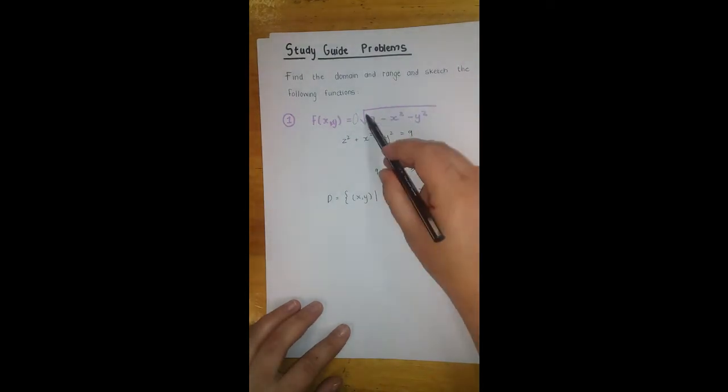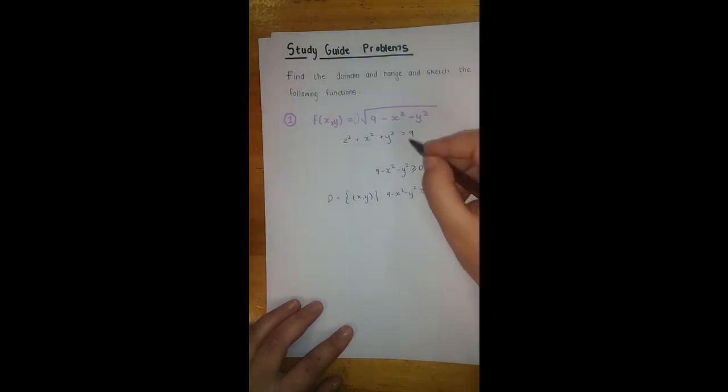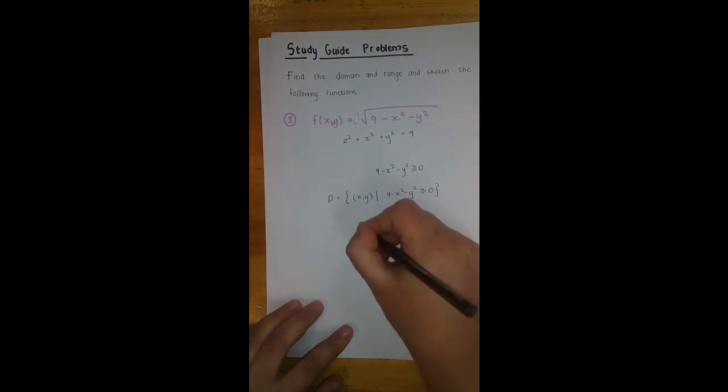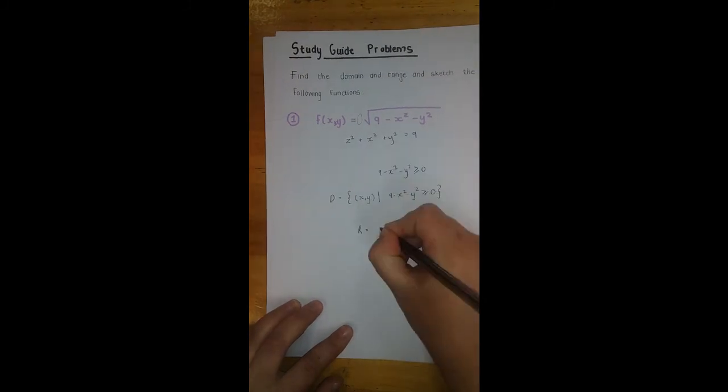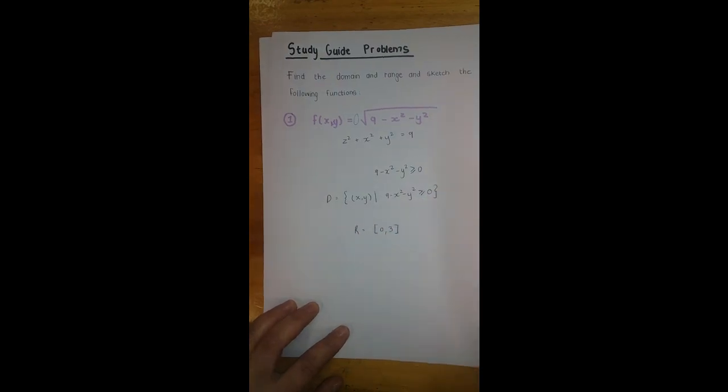But this cannot be less than 0. It can only be equal to 0. So the smallest value that this can be is 0. It cannot be negative infinity. It has to be 0. So the range would be 0 to 3, since 3 is equal to the square root of 9.